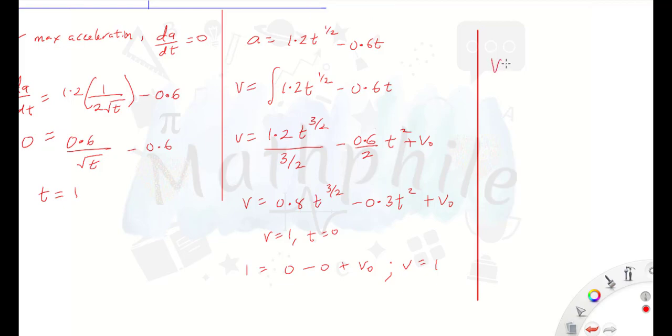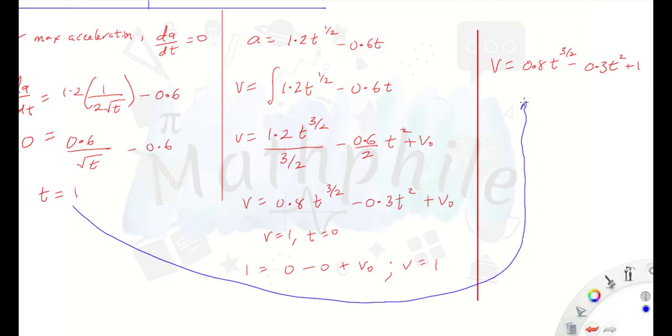Okay, the velocity function v is equal to 0.8 t raised to the power 3 over 2 minus 0.3 t squared plus 1. We're told to find the velocity when the particle reaches its maximum acceleration. For the maximum acceleration, we got the time to be equal to 1.